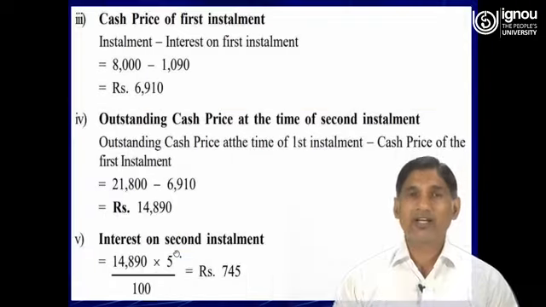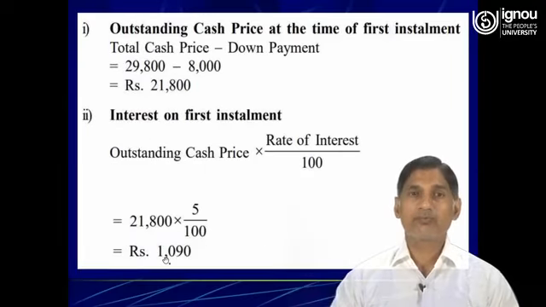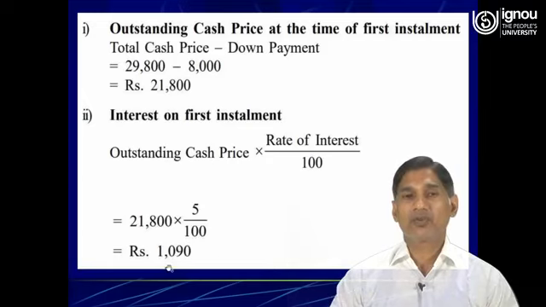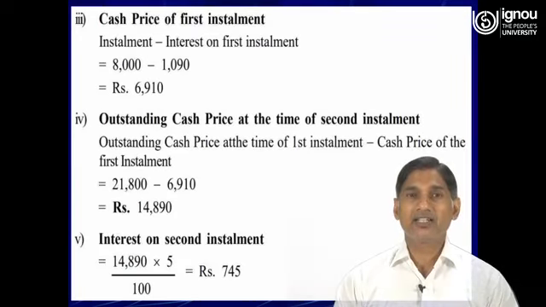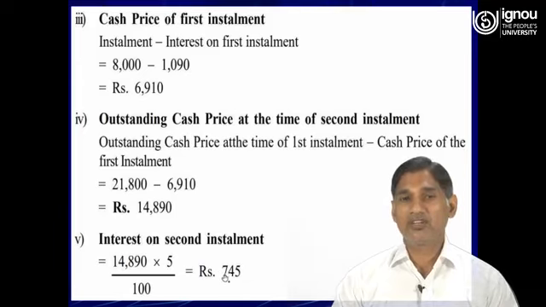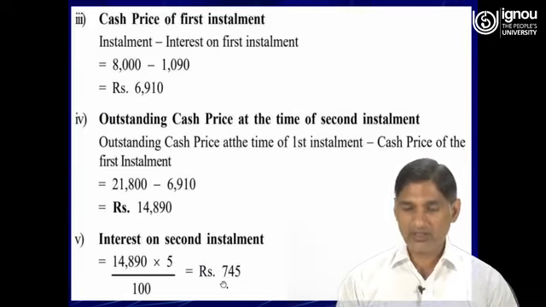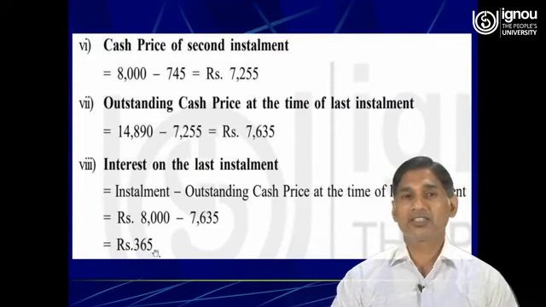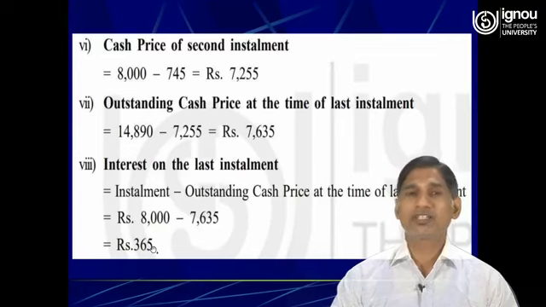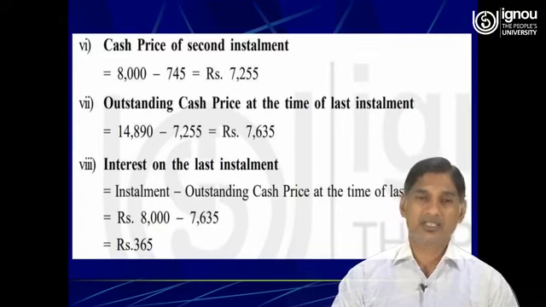So if we go back, we can easily come to know that the interest of rupees 1,090 is included in the first installment. Then in the second installment, 745 is the amount of interest. Then the third one, 365, is the amount of interest included in the last installment.